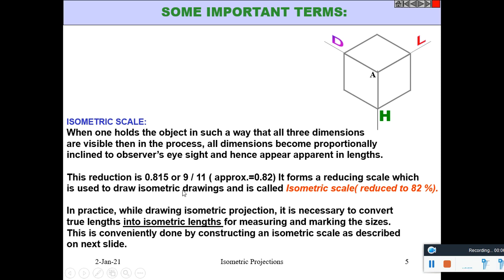So the isometric scale is a reduction of approximately 0.82, or it is reduced to 82%, and those lengths are known as isometric lengths.